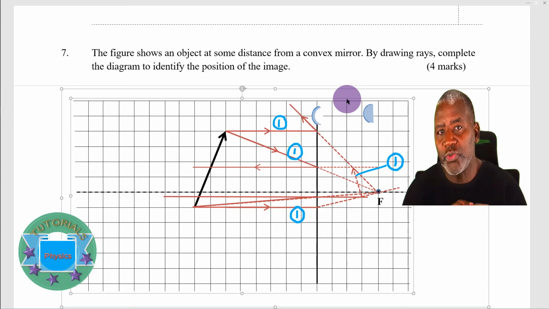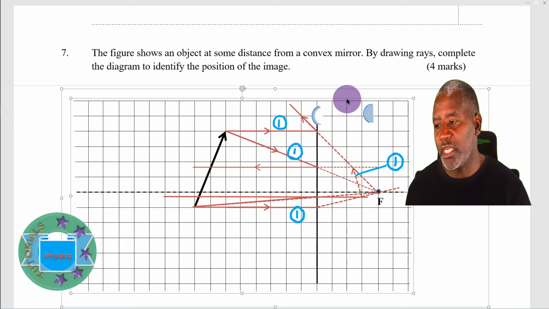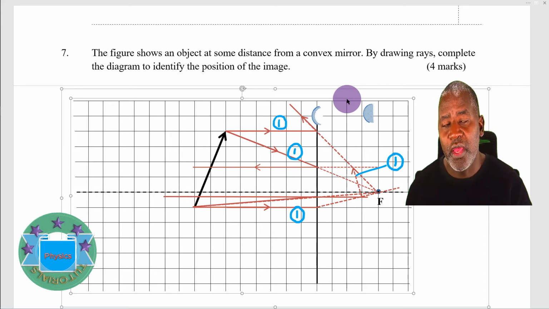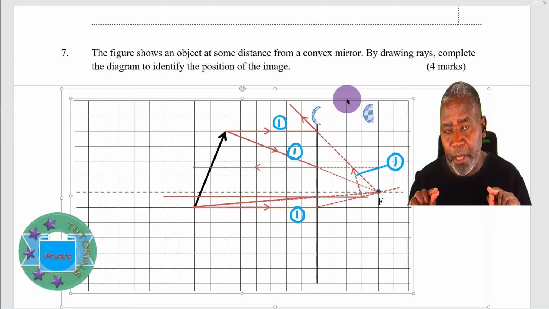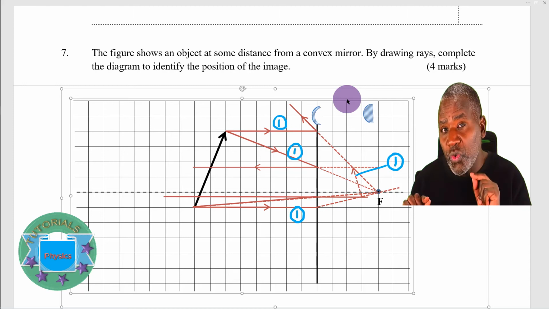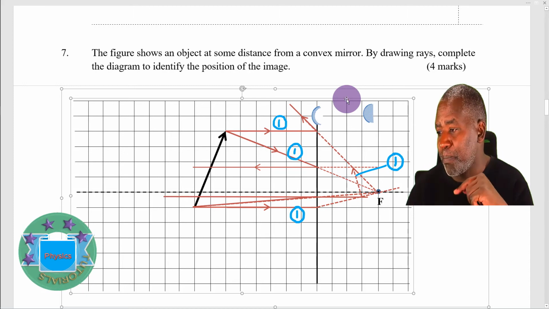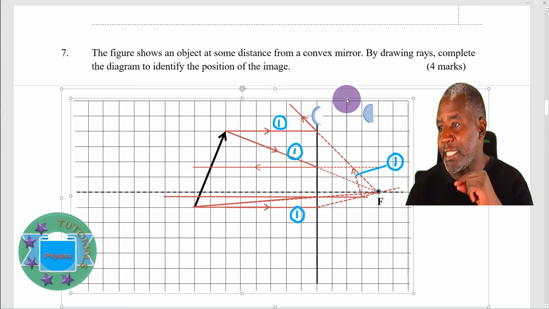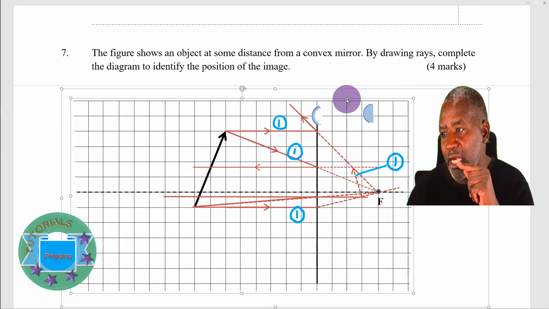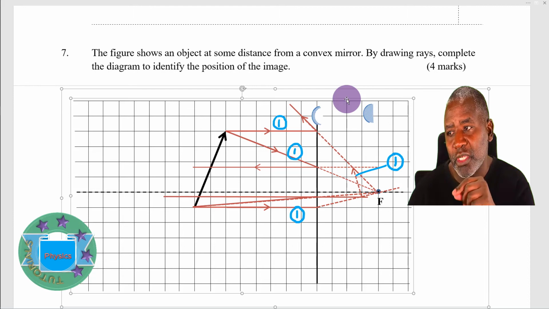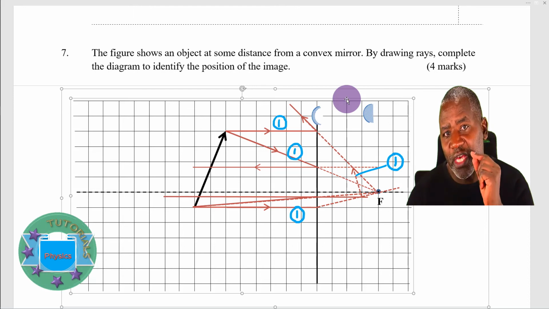Now, why am I doing this? I'm doing this in order to emphasize this point. When you are revising, it's important for you to know what the syllabus expects of you. In this part of the syllabus, it expects that the student should be able to construct ray diagrams for a convex mirror to identify the position of the image.